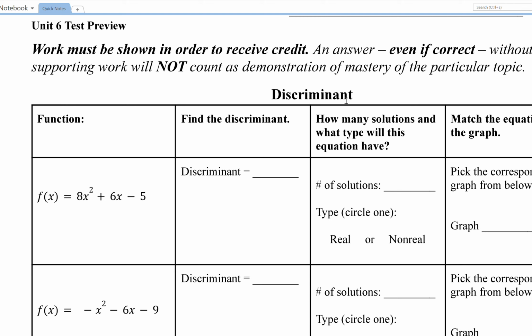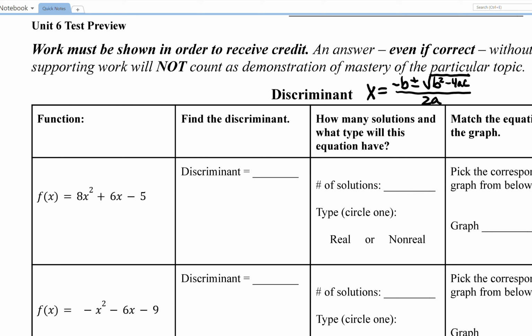This is a video on the discriminant, which is part of the quadratic formula. So we're working from the standard form of quadratic equations. The quadratic formula is x equals negative b plus or minus the square root of b squared minus 4ac all over 2a.